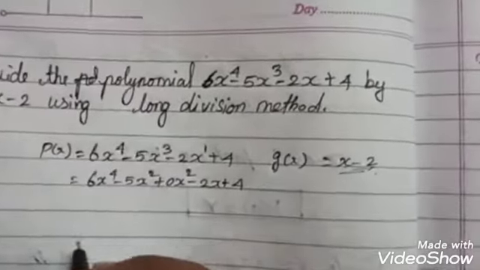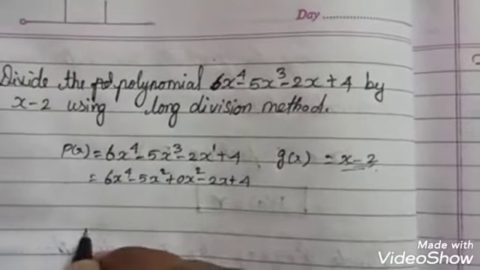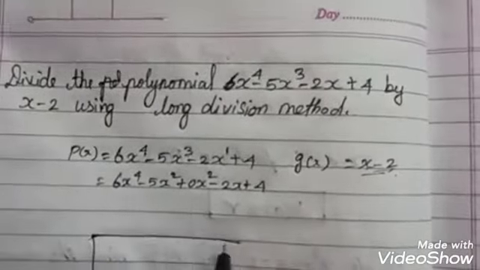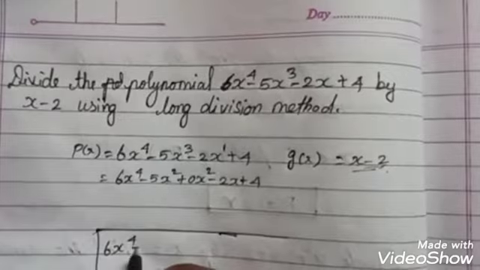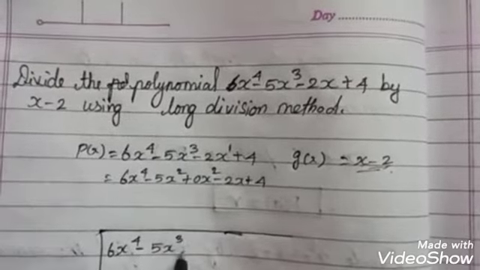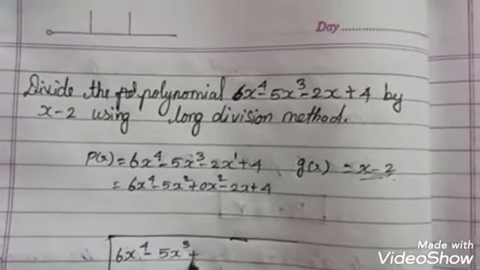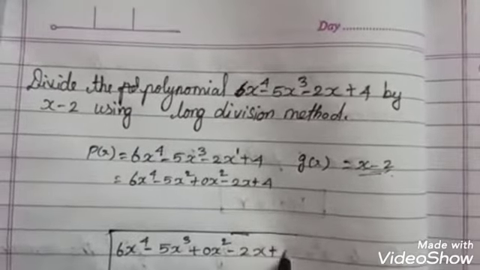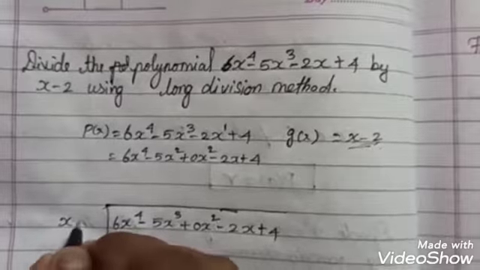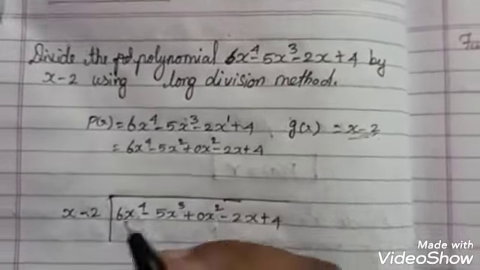Now we move on to the normal division method, the long division method. 6x power 4 minus 5x power 3 plus 0x to the power 2 minus 2x plus 4 is to be divided by x minus 2.